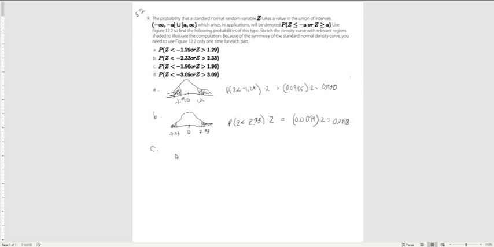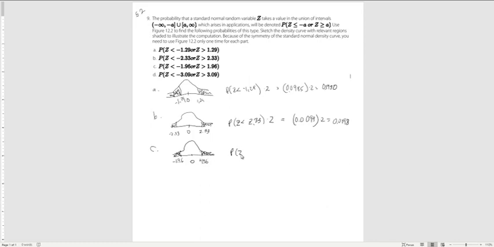See if I can do this one any better. Nope, not really. And we're at minus 1.96. This is kind of between those other two. It's at plus 1.96. So here, I'm looking at the probability of both tails.